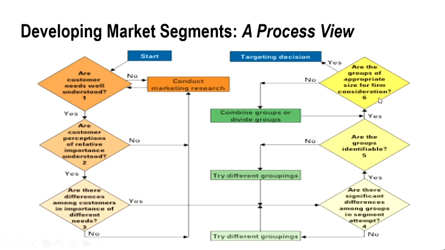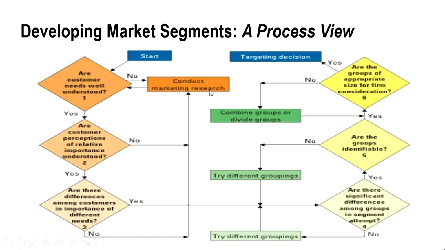The targeting decision, as you can see, mainly depends on creating groups of segments to be addressed and their sequencing. This is a relatively important way of judging, where we look at how well we understand the customer's needs. If it is not well understood in detailed analysis, then we go back to market research.